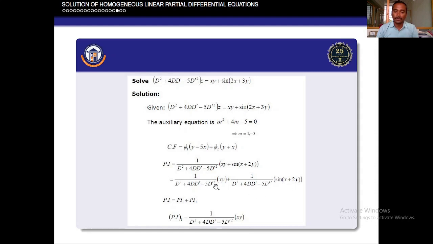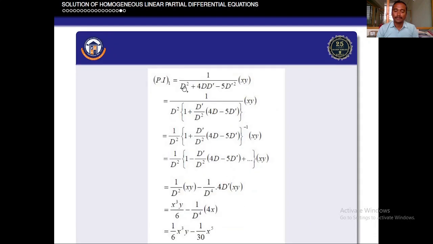So the first particular integral comes under the type 3 category and the second one comes under the type 2 category.